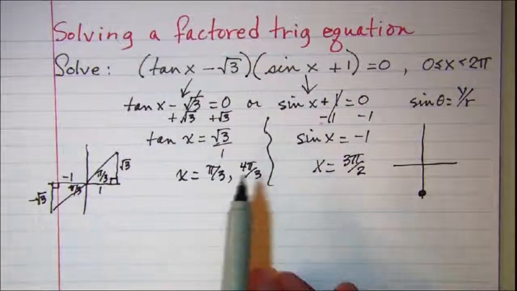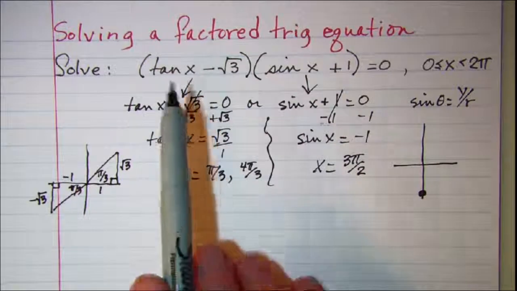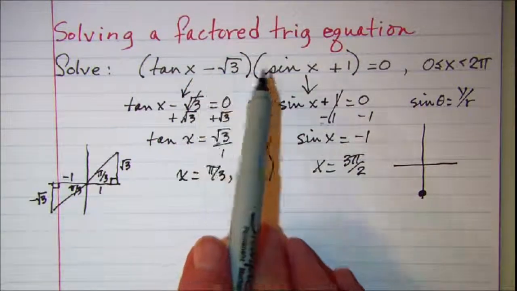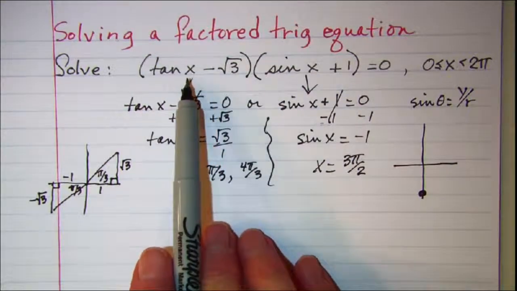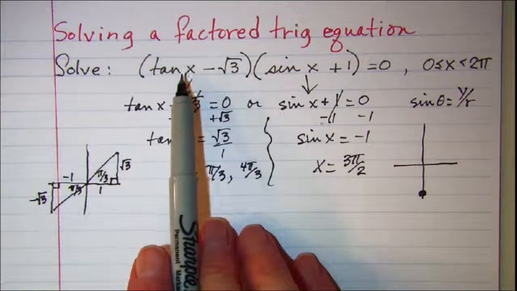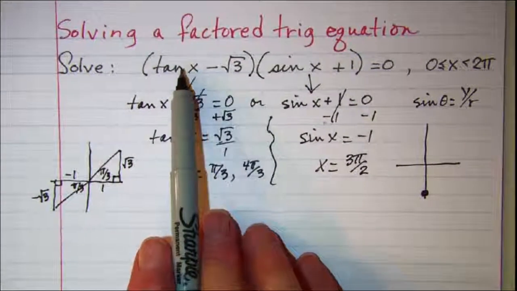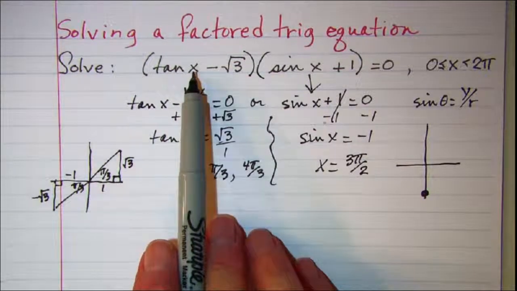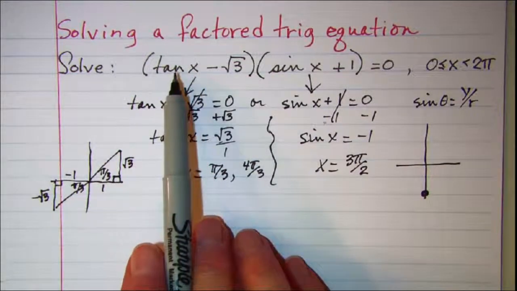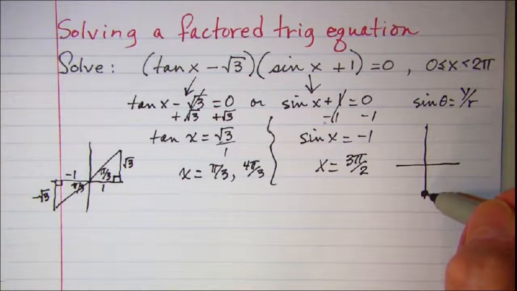Right, now, before you box in these answers, the thing that you need to be aware of is anytime you have a trig equation that has tangent or cotangent or any of the trig functions that are limited in their domain, you need to check your answer. Now we know that tangent of pi over 2 and 3 pi over 2 is undefined.